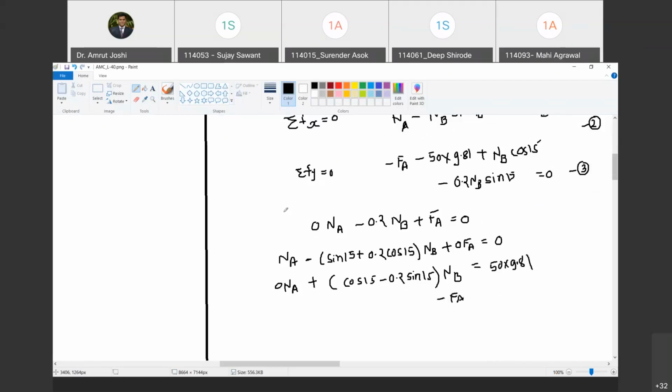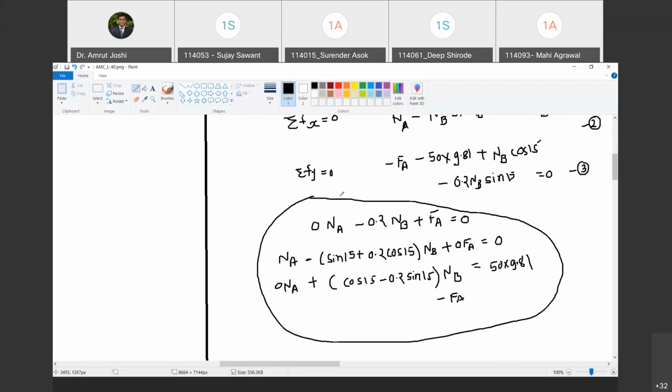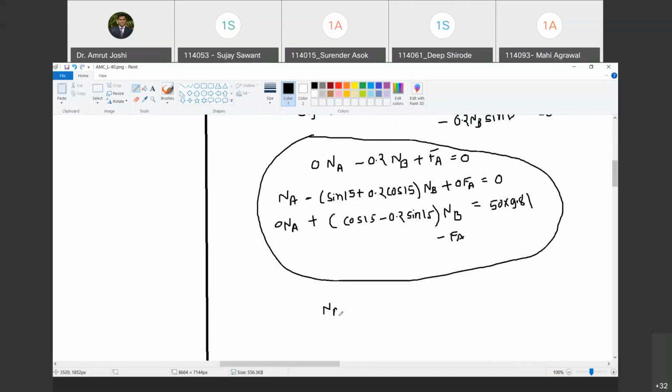So solve these three equations and tell me the value of Na, NB and Fa.